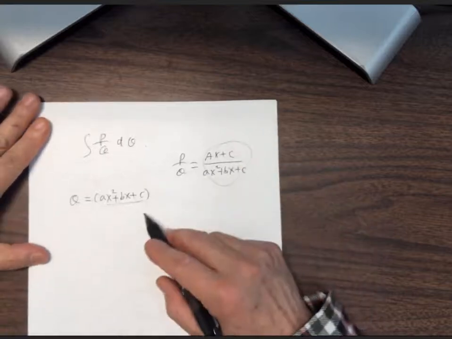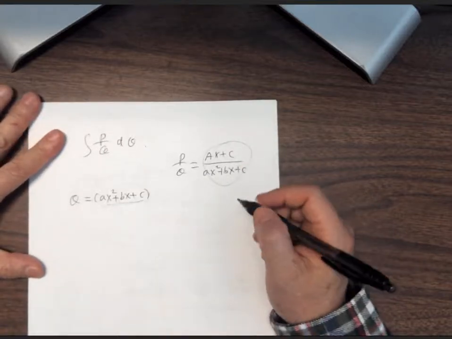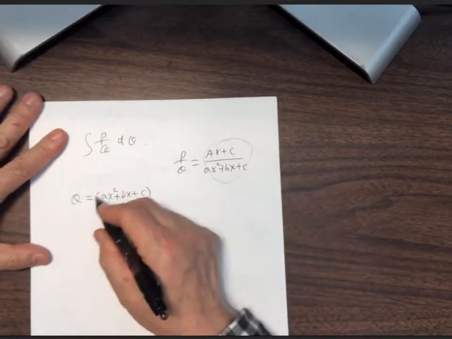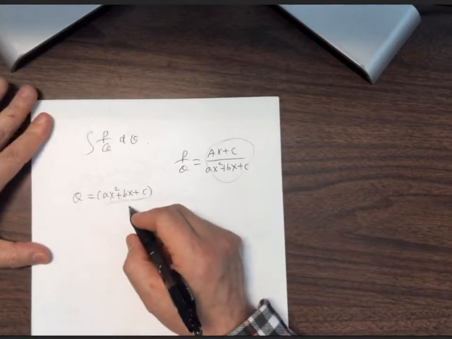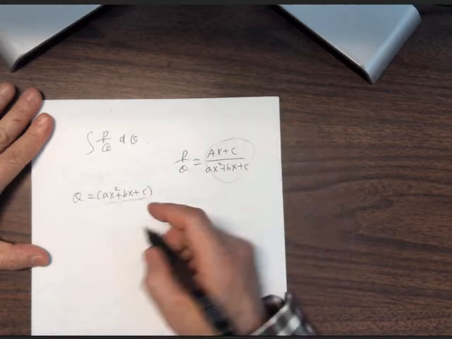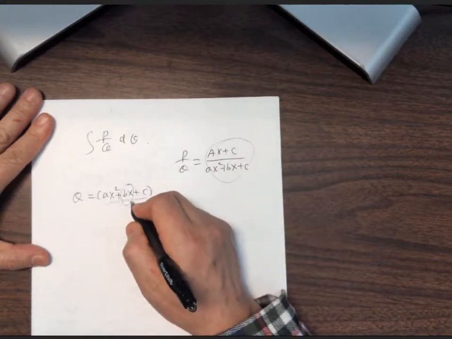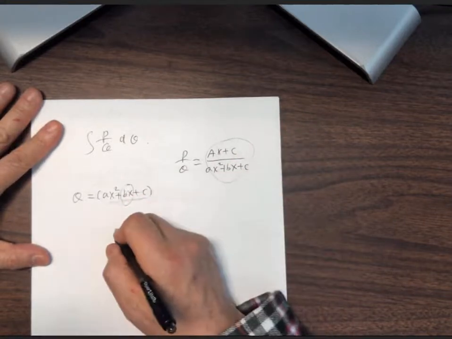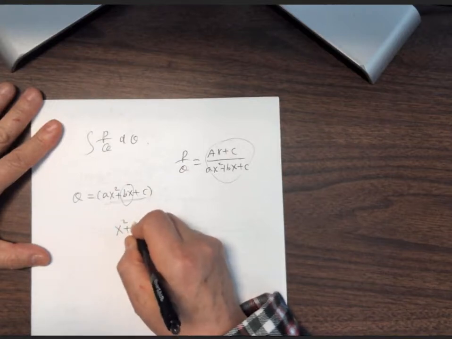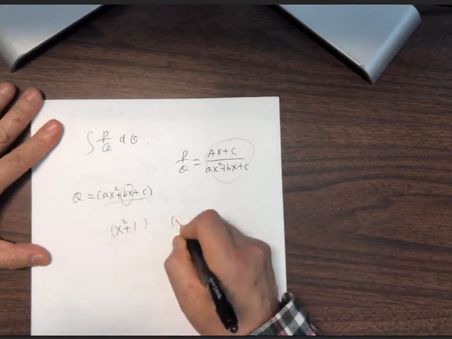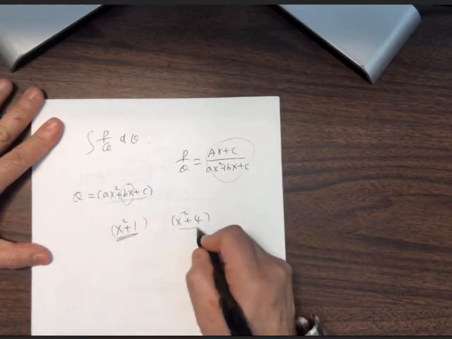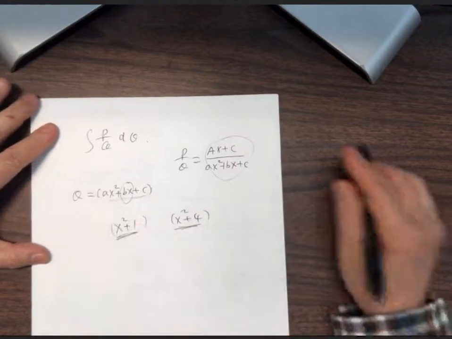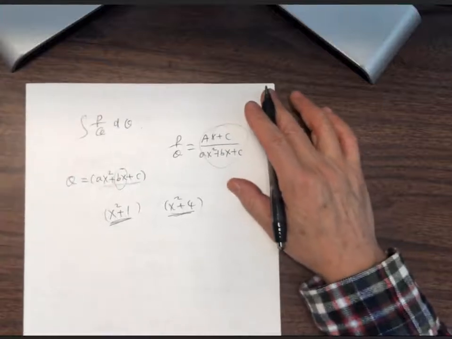So this would be the partial fraction included in the decomposition. But actually, in the problems we worked on, the second order factors were all very special second order. There's no first order term. It was always like x squared plus 1 or x squared plus 4, that kind of special second order factor.